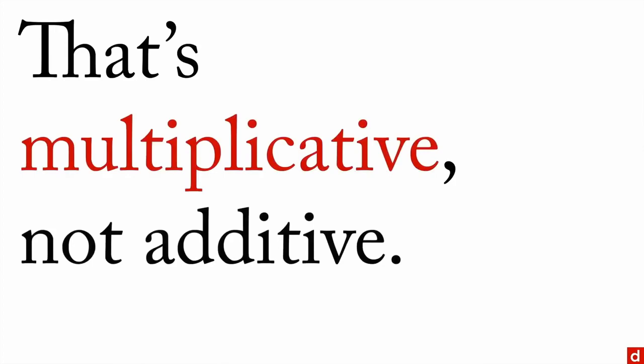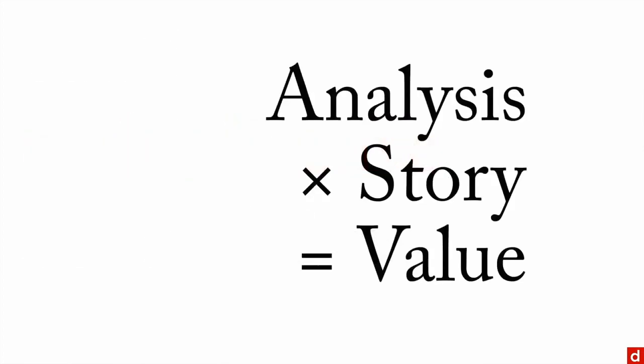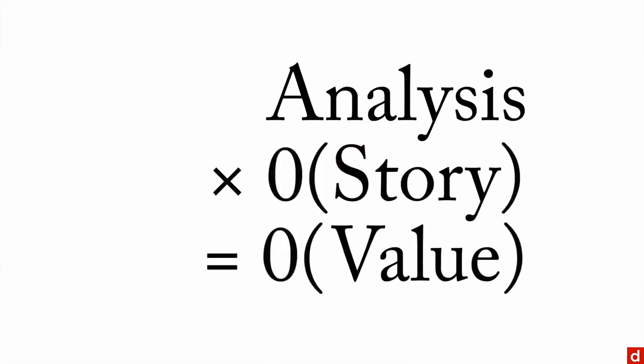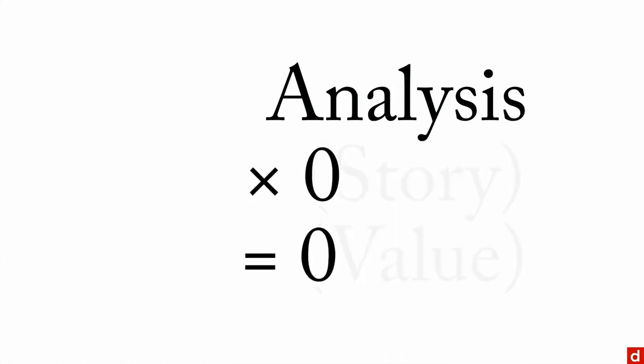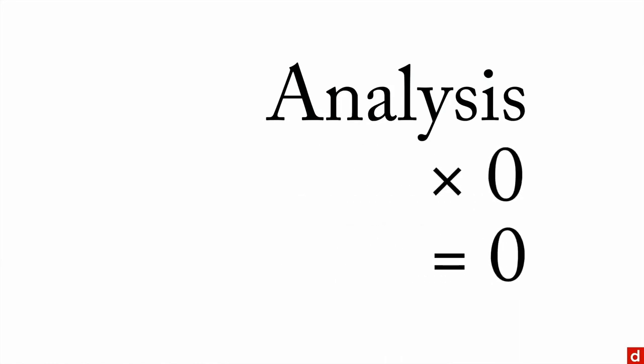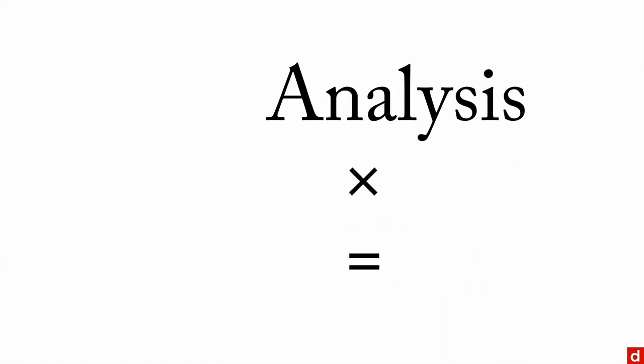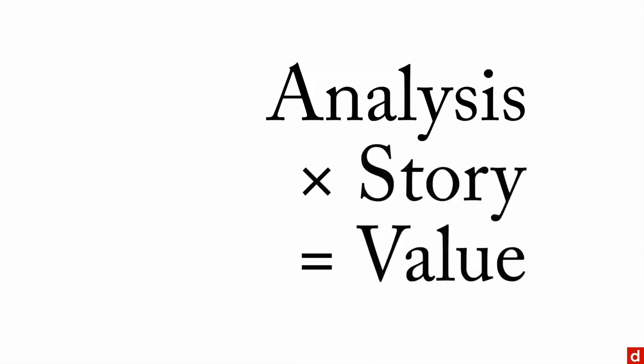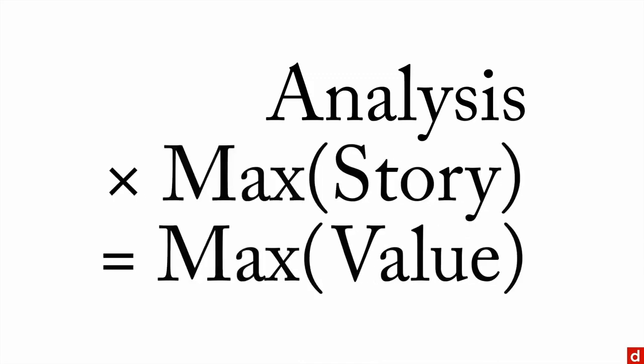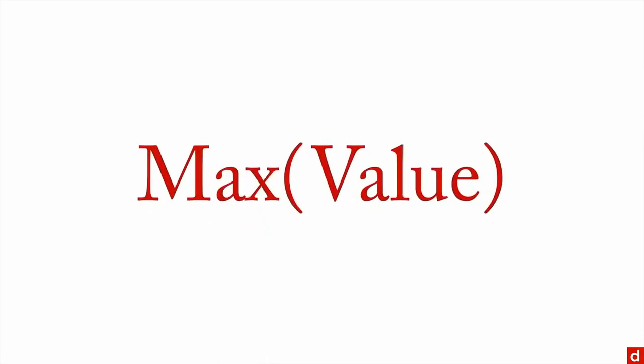And so one consequence of that is, when you go back to analysis times story equals value, well, if you have zero story, you're going to have zero value because, as you recall, anything times zero is zero. So instead of that, let's go back and say what we really want to do is maximize the story so that we can maximize the value that results from our analysis. Again, maximum value is the overall goal here. The analysis, the tools, the tech are simply methods for getting to that goal.